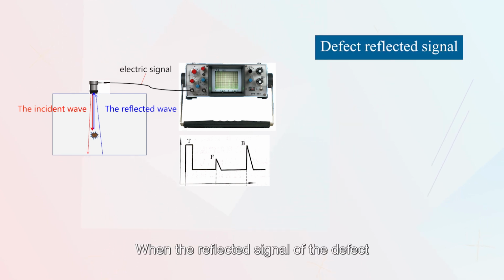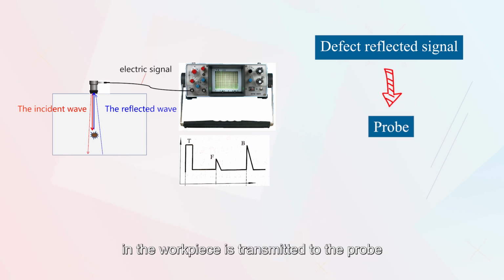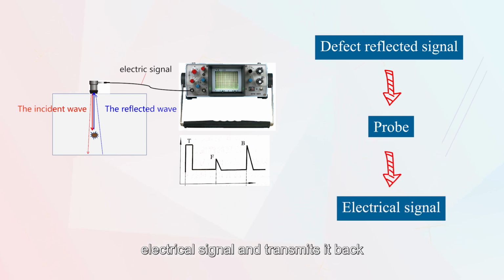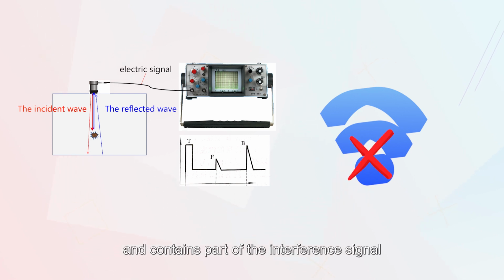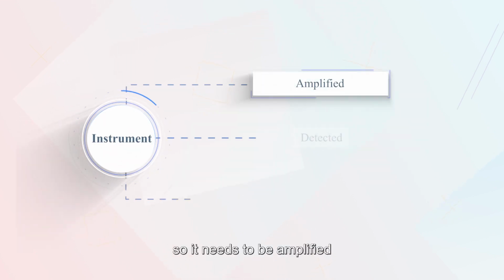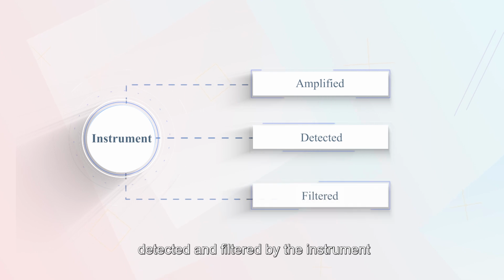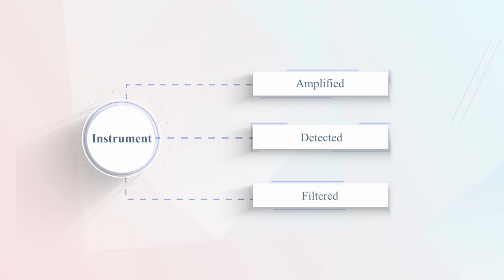When the reflected signal of the defect in the workpiece is transmitted to the probe, the wafer converts it into a high-frequency electrical signal and transmits it back to the ultrasonic detector. However, the electrical signal returned by the probe is weak and contains part of the interference signal, so it needs to be amplified, detected, and filtered by the instrument.